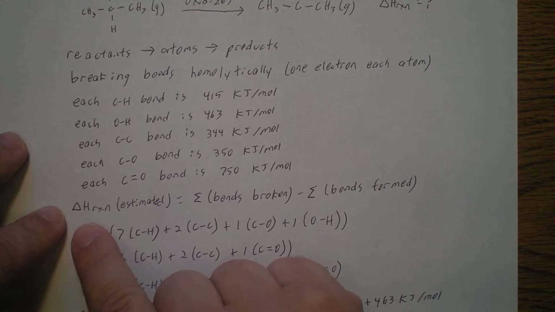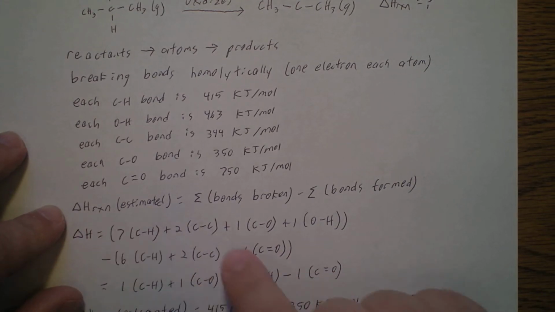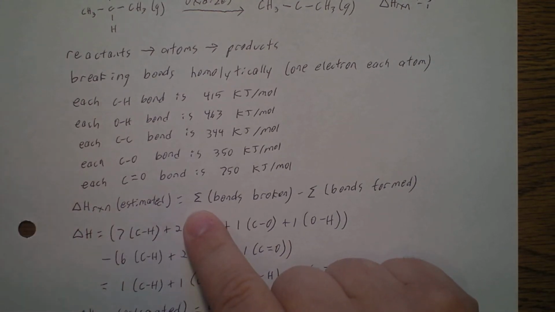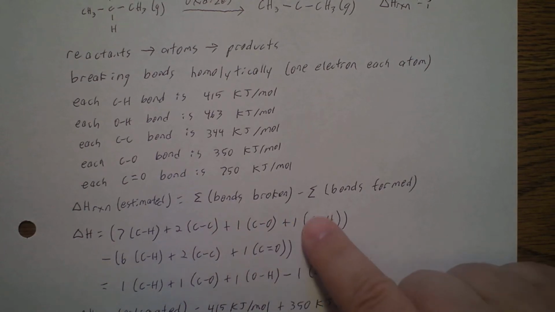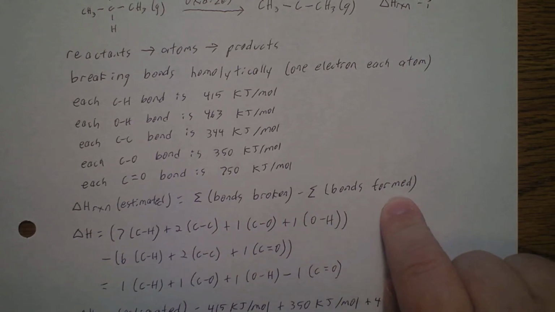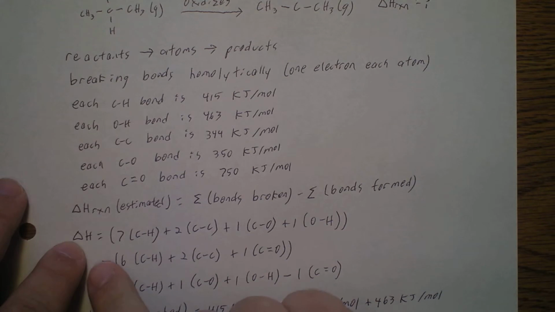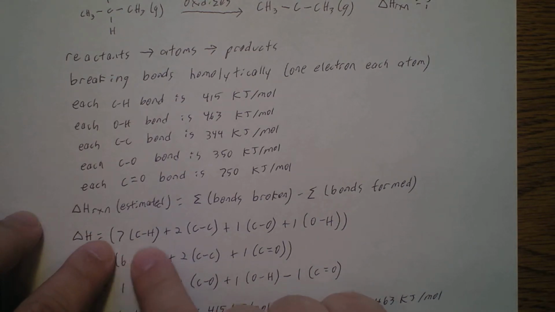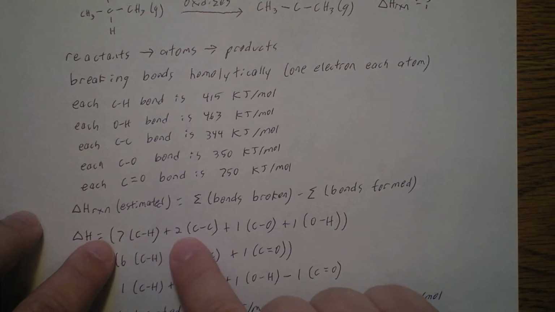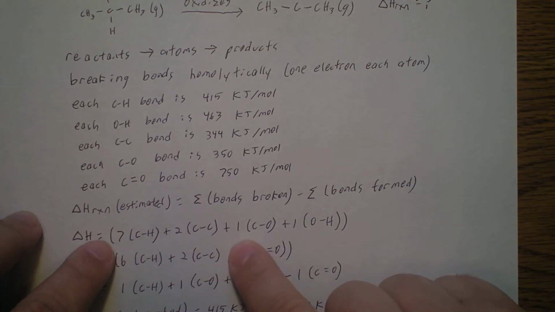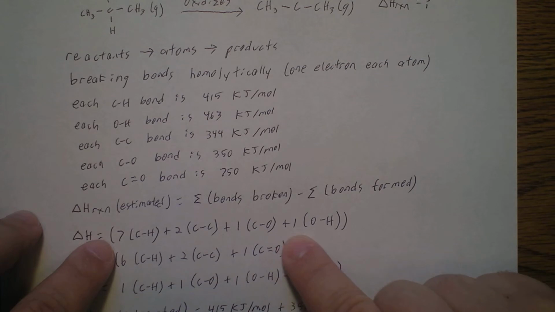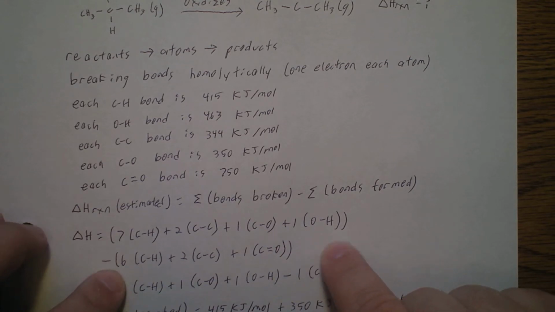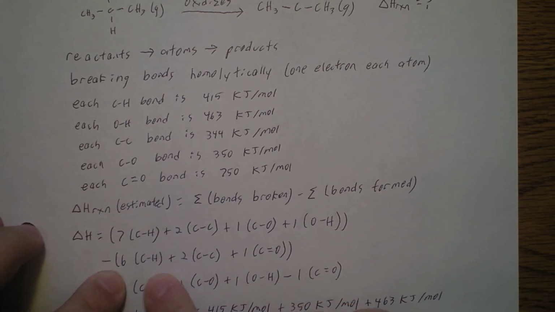So we can find the estimated heat of reaction just by taking the sum of all the bonds broken minus the sum of all the bonds formed. So for the reaction, we're starting out with 7 C-H bonds, 2 carbon-carbon bonds, 1 carbon-oxygen single bond, and 1 oxygen-hydrogen bond, minus the final.